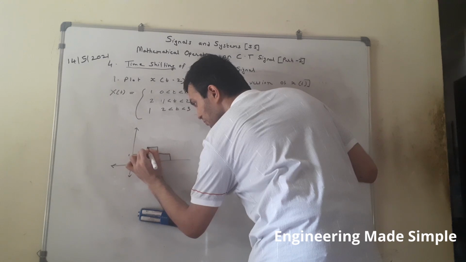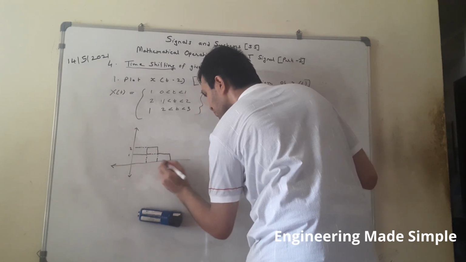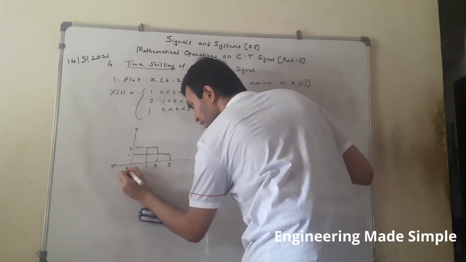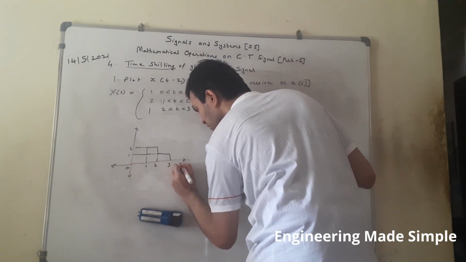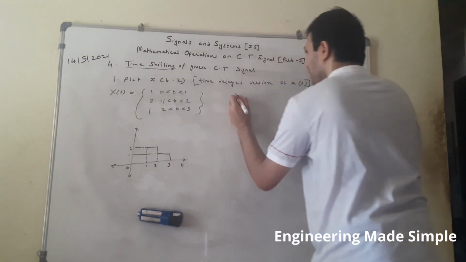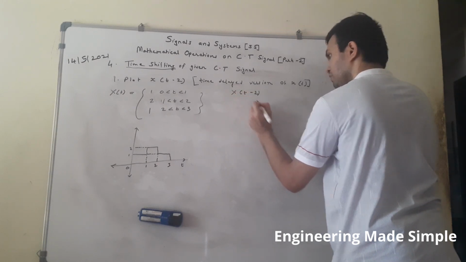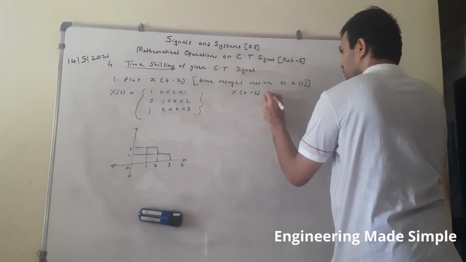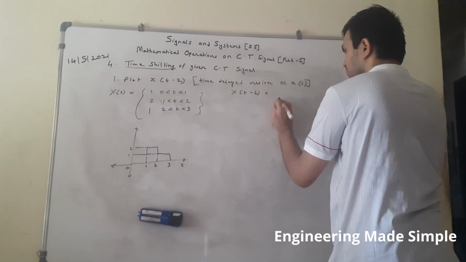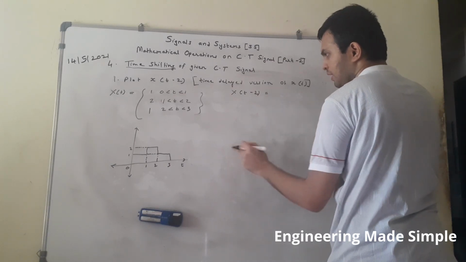This is amplitude value 1, this is amplitude value 2, this is 1, 2, 3, and this is our time axis. Now we are supposed to find the time delayed version x of t minus 2. So how will you find x of t minus 2? Understand one thing here.